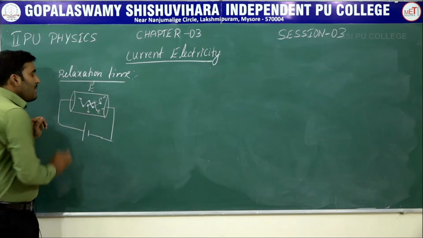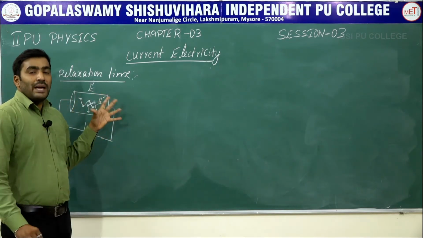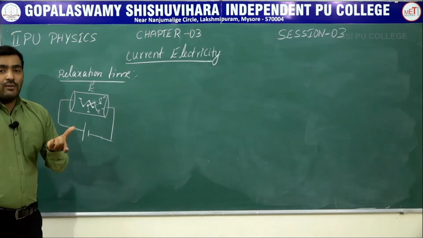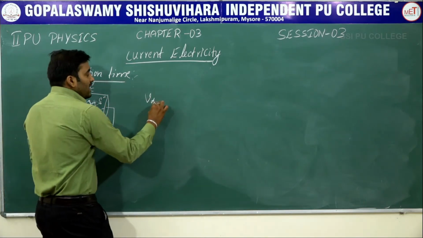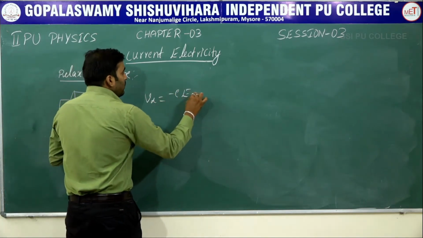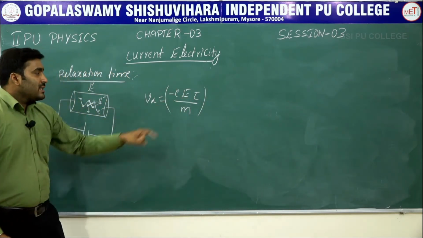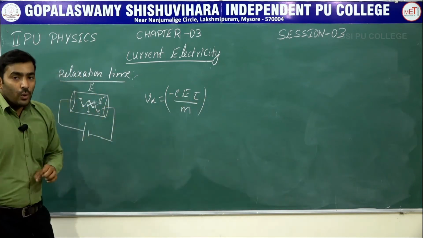So we have to consider an average time. In the equation of drift velocity, Vd is equal to minus e E tau divided by m, we have written this tau as the average of time elapsed between the two successive collisions.